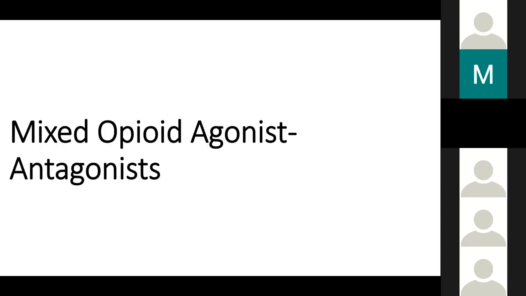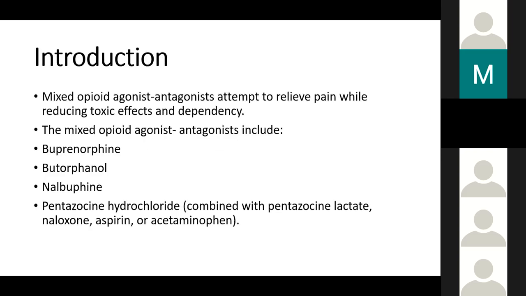Okay, so we look at the mixed opioid agonist antagonist. These contain both the agonist and the antagonist, and what they do is attempt to relieve pain while reducing the toxic effects and dependency. Examples are what I have listed.